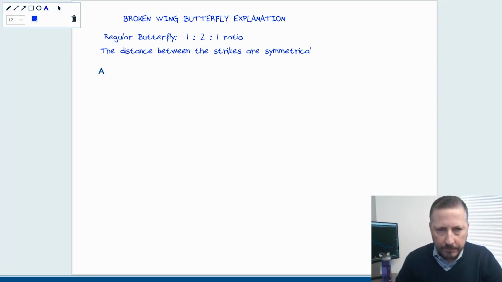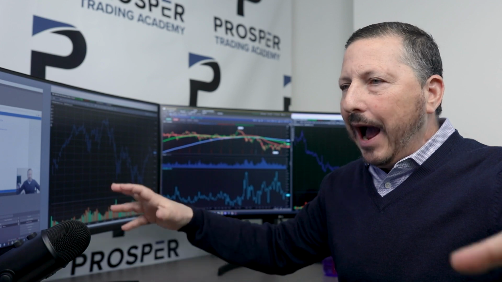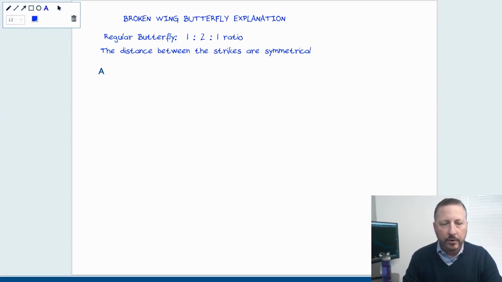In option terminology, the wings of a spread are known as the outer options, the outer strikes. Those are the wings. The middle is known as the guts. That's trader terminology from back on the floor.